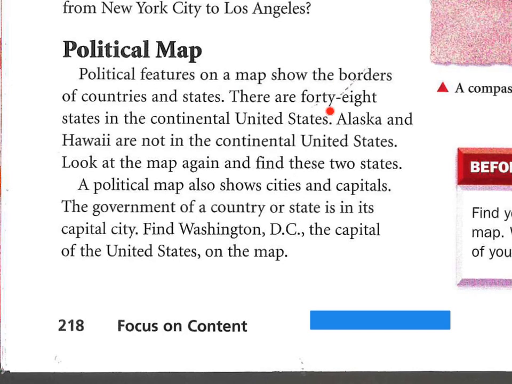There are 48 states in the continental United States. Say that. Continental United States. Again, continental United States. On the continent. Alaska and Hawaii are not in the continental United States. Look at the map again and find these 2 states.